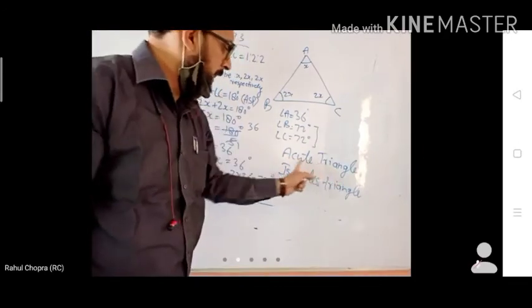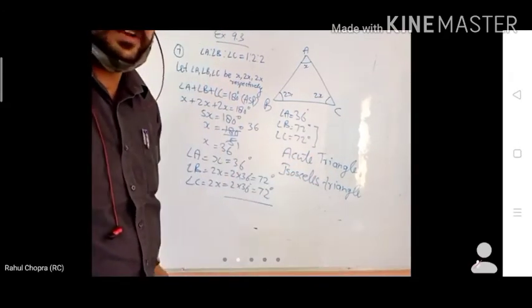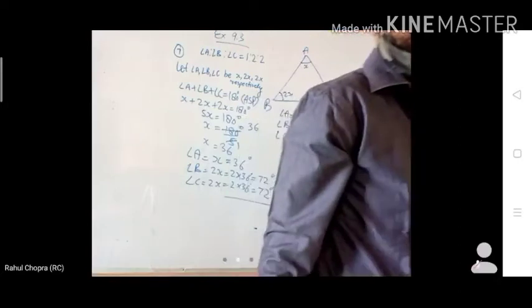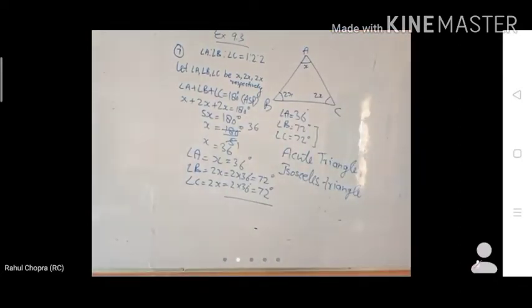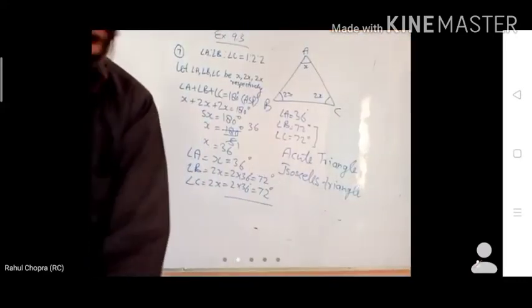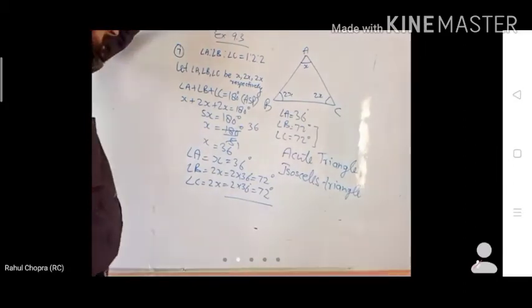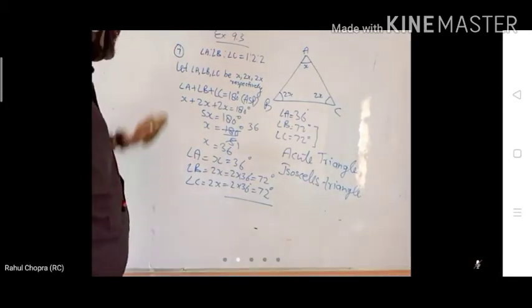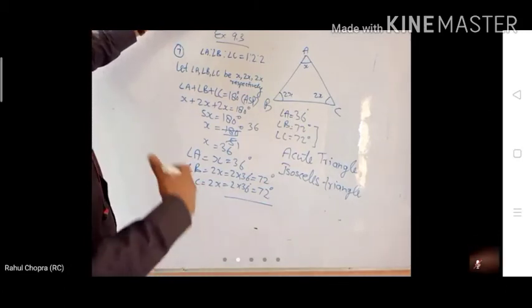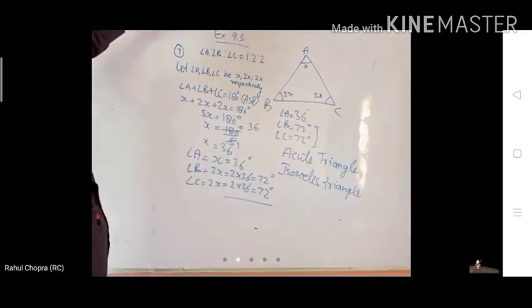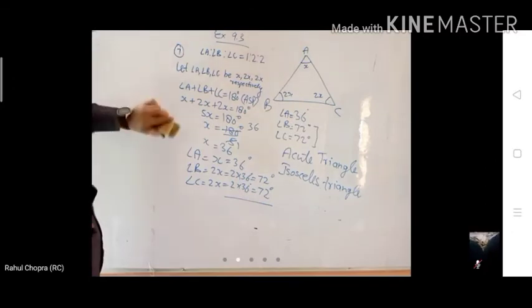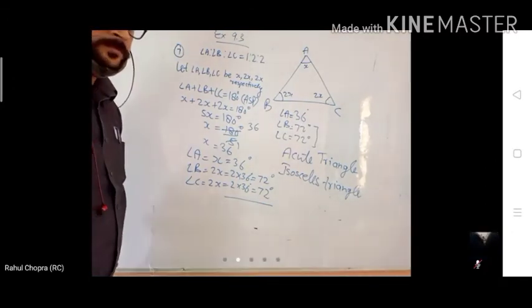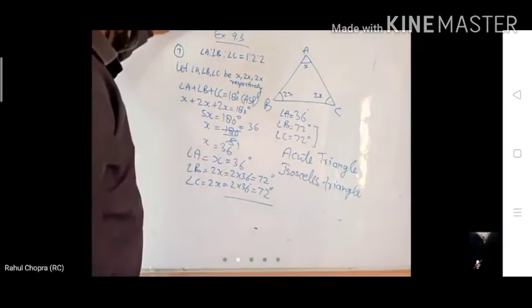First is acute triangle and second is isosceles triangle. Is it okay? Understood? Very good. May I clean the blackboard now? May I erase it? Or are you still going through this question? अभी देख रहे हैं आप या इरेज कर दूं? I am cleaning it.